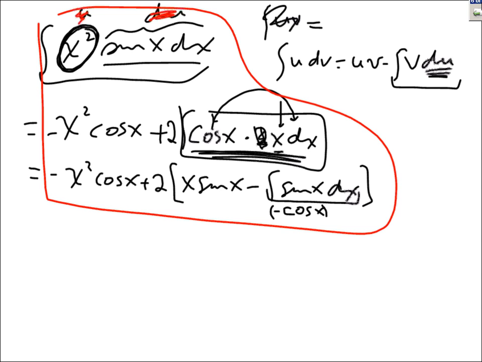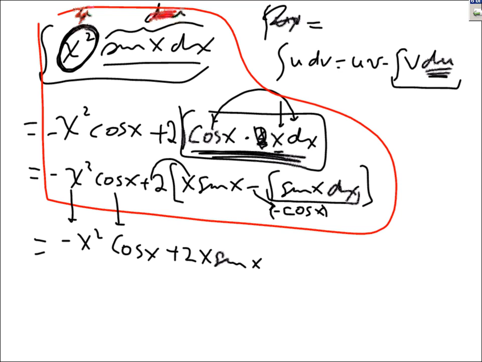Okay, so now you get x squared times cosine x plus 2x sine x minus, and minus, that's really plus, 2 times cosine x plus c. There. Okay, very hard looking problem.